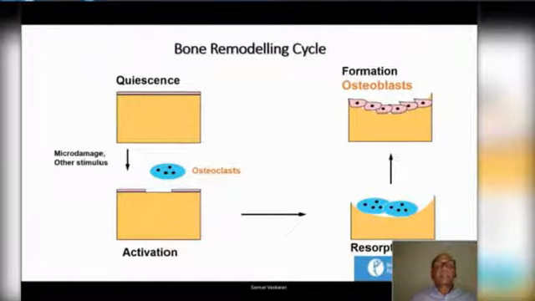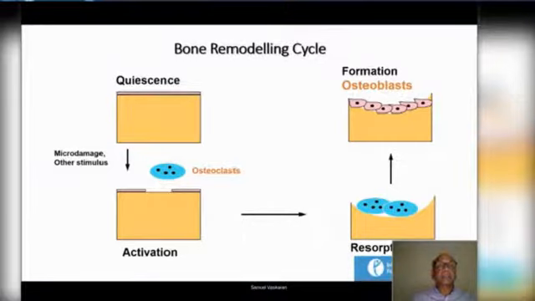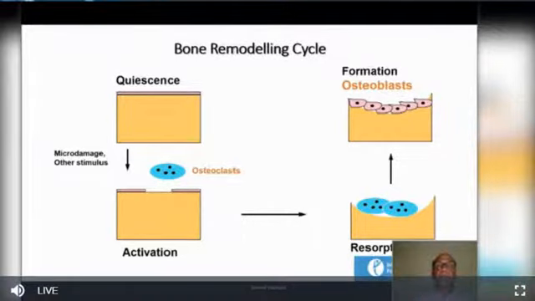The adult skeleton is constantly being remodeled in order to maintain its strength and structure. Whenever there is a micro damage or a microfracture in the skeleton, that area is targeted for remodeling.